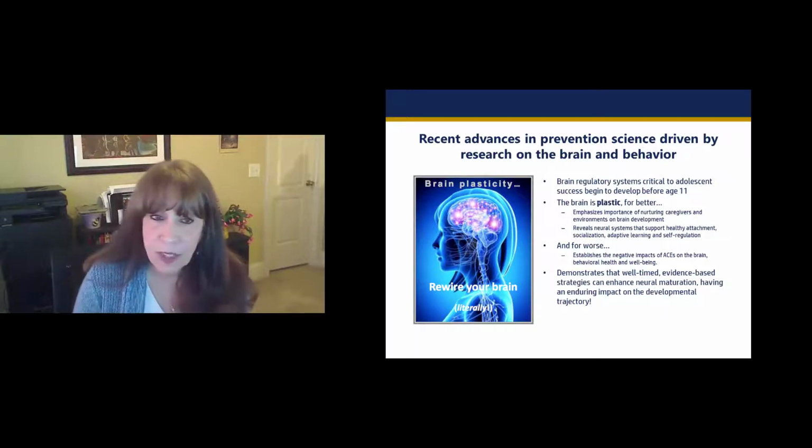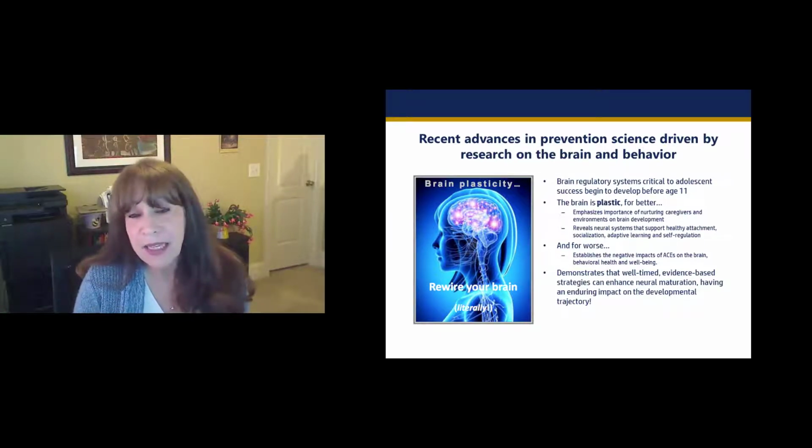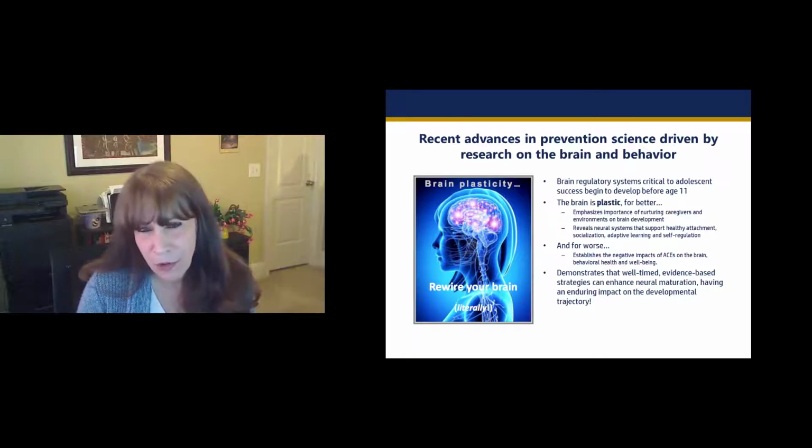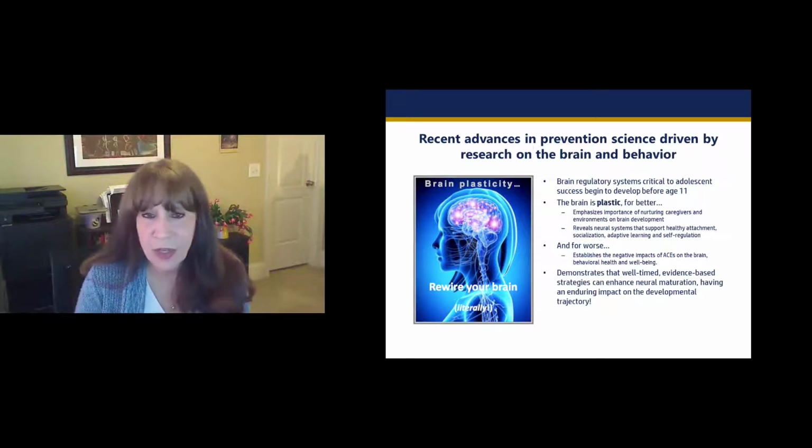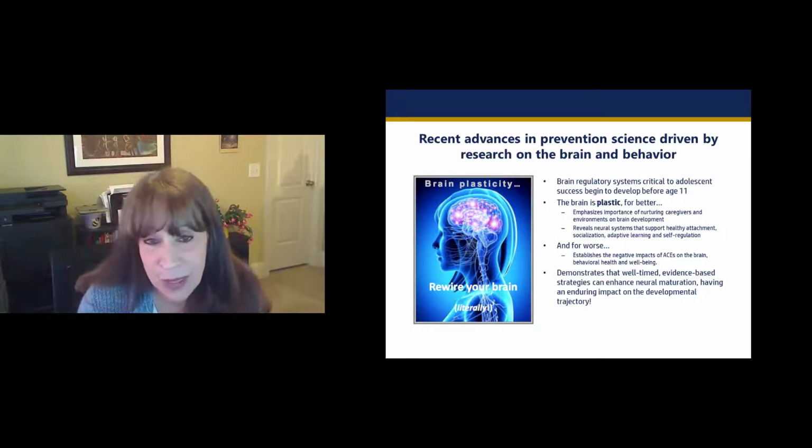And we know the brain is plastic. And this is sort of a for better or for worse equation. The brain is plastic in a good way, in that what we've learned from neuroscience is that nurturing caregivers and nurturing environments actually improve the way the brain develops and the way it functions ultimately throughout the life course.